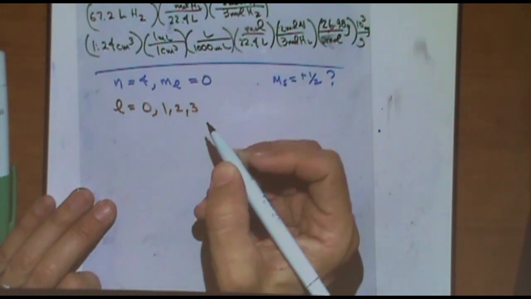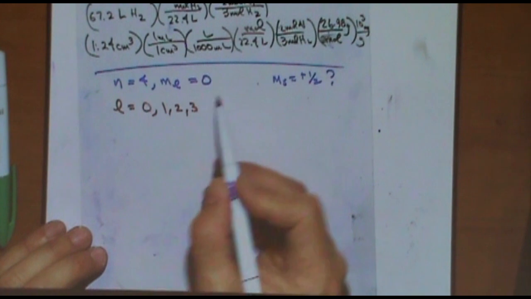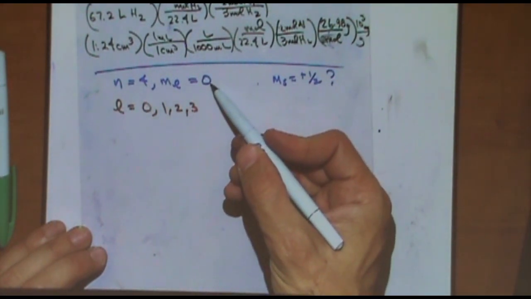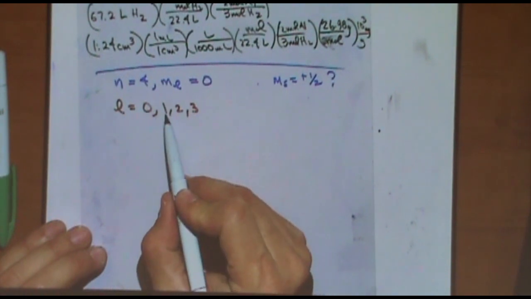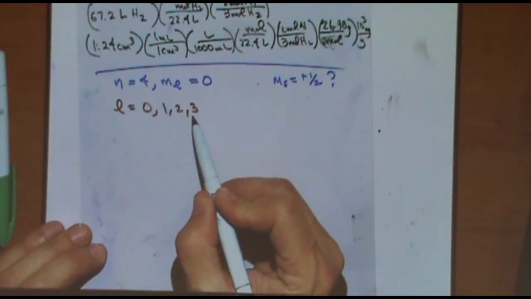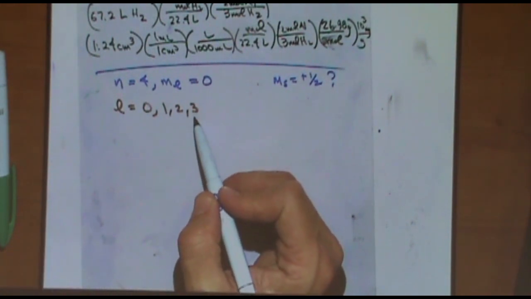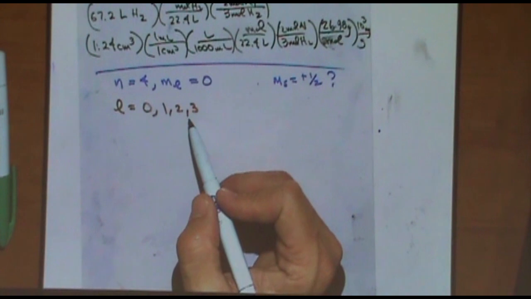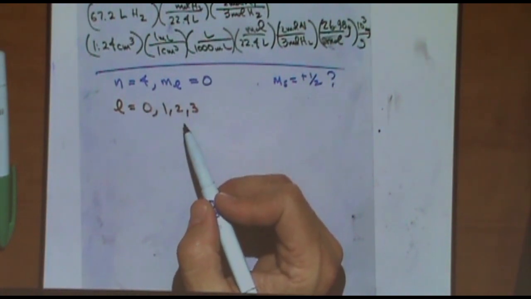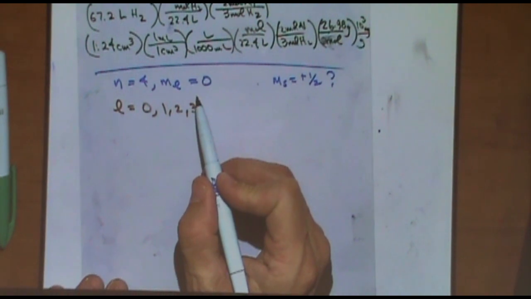Now let's double check. Do all 4 of those values give this M sub L value? Yeah, 0 does, 1 does, 2 does, and 3. So independently, all 4 of those values would give this M sub L value. Now, a 3 would also give 3, 2, 1, and negative 1, 2, 3. I don't care about those because it told me I have to stick with this one.